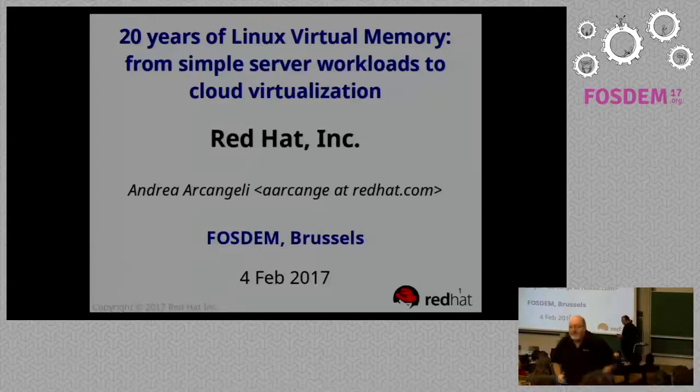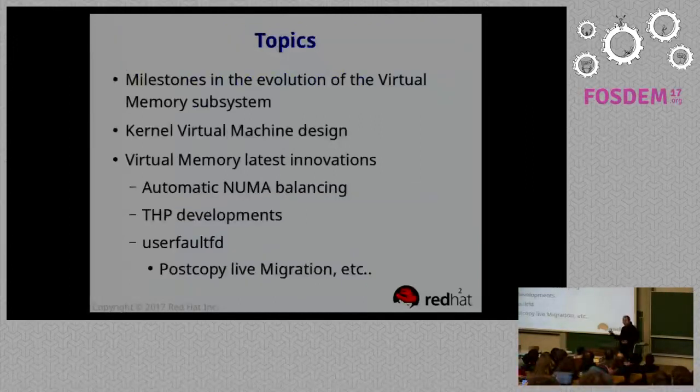So today we are going to talk about the evolution of the Linux virtual memory subsystem over the last 20 years, since I started around 1997. Then we'll see some of the decisions behind the KVM kernel virtual machine design and how it integrates with the virtual memory subsystem of Linux.